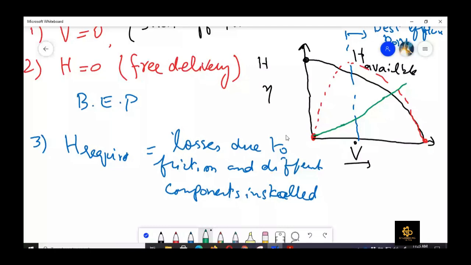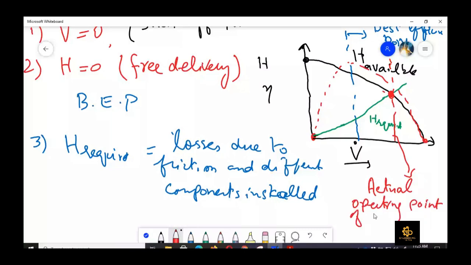Now, you see that they intersect at this point, so let me draw another vertical line here. So this is the actual operating point of the pump.